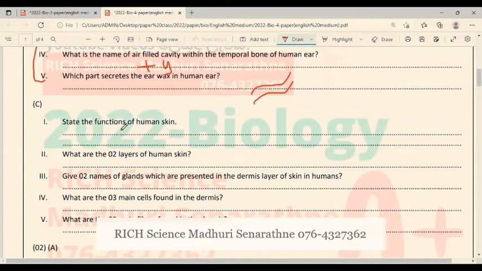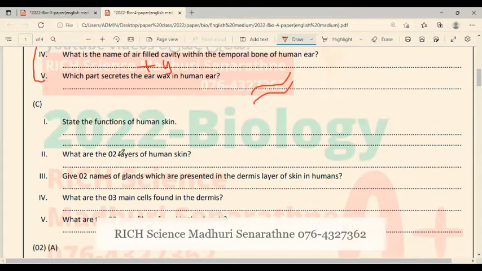Cutaneous sensation. Synthesis of vitamin D and excretion. Protection, regulation of body temperature, cutaneous sensation, synthesis of vitamin D and excretion.